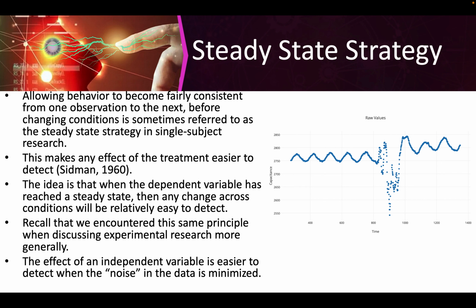The idea is that when the dependent variable has reached a steady state, then any change across conditions will be relatively easy to detect. Recall that we encountered the same principle when discussing experimental research more generally. The effect of an independent variable is easier to detect when the noise in the data is minimized.